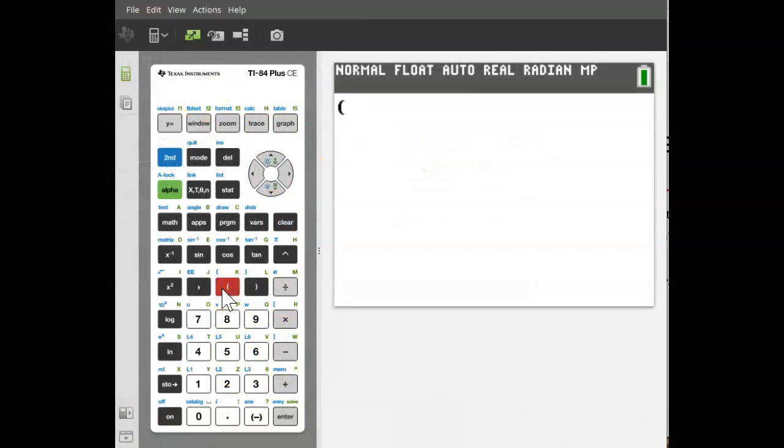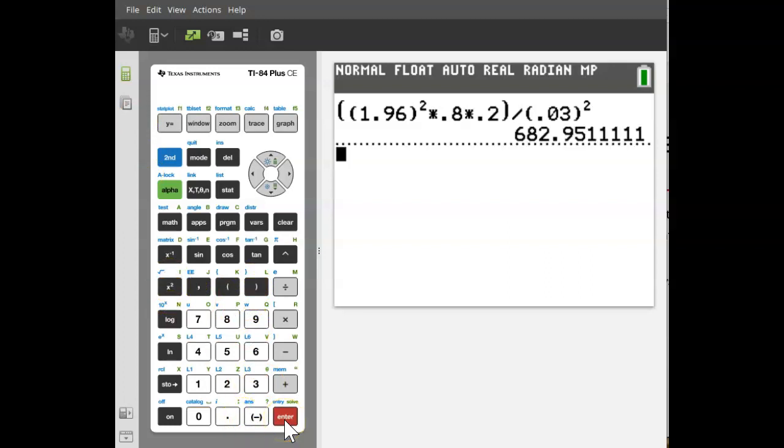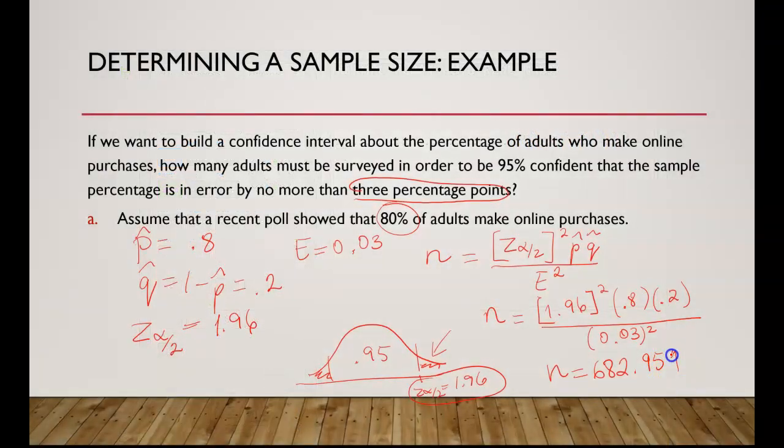Parentheses for the numerator, parentheses for 1.96 because we are going to square it, times 0.8 times 0.2, close parentheses for the numerator, divided by, open parentheses, 0.03, close parentheses, squared, equal to 682.95. Always round up when dealing with the sample size, equal to 683.